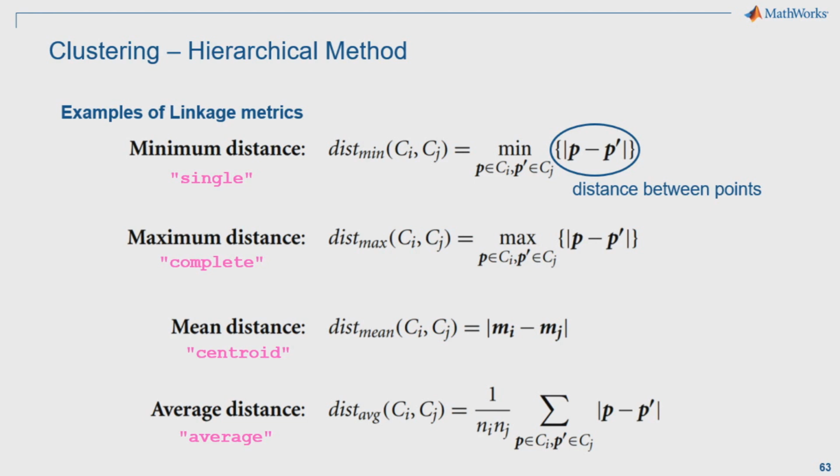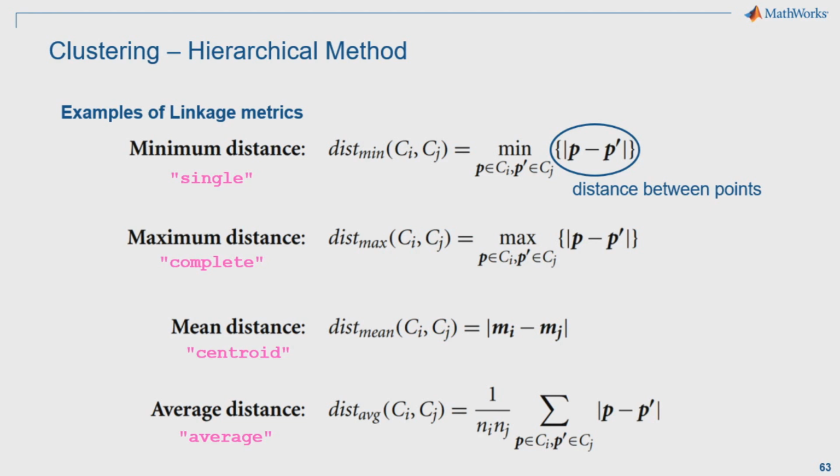Here, as you can see, the distance between two clusters, Ci and Cj, is evaluated by taking the minimum among the possible distances of a data point P and a data point P prime belonging to the two different clusters that we want to evaluate.